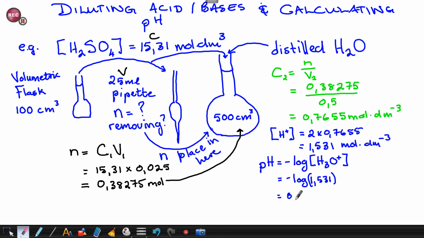Negative 0.19, negative 0.185. That's the most accurate one.